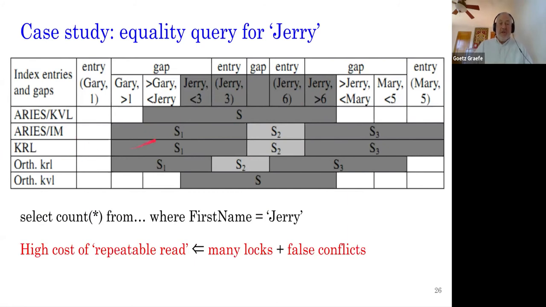The next three systems, you overlock some, and you actually need multiple lock manager invocations to acquire multiple distinct locks. Whereas in orthogonal key value locking, you get exactly the lock you need, no more, no less, in one lock manager invocation. So again, the high cost comes from many locks and false conflicts.